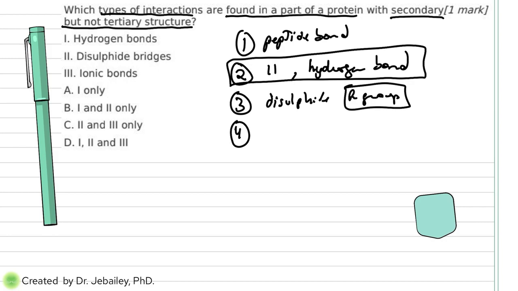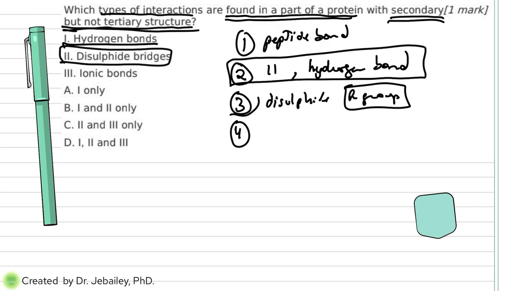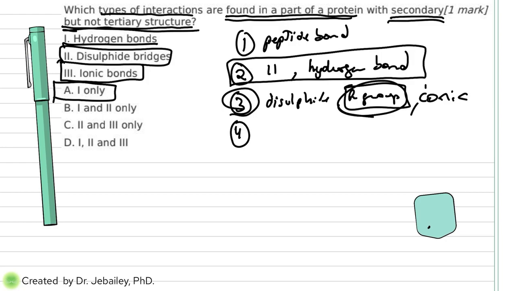So the question says, again, which types of interaction are found in the part of the protein with secondary but not tertiary. We know the secondary has hydrogen bonds, and we can only see one here, right? Disulfide bonds, this is definitely going to be a tertiary, and ionic bond is also considered a tertiary because this is also found in the R group. So out of this, only the one, so that means A is the answer.